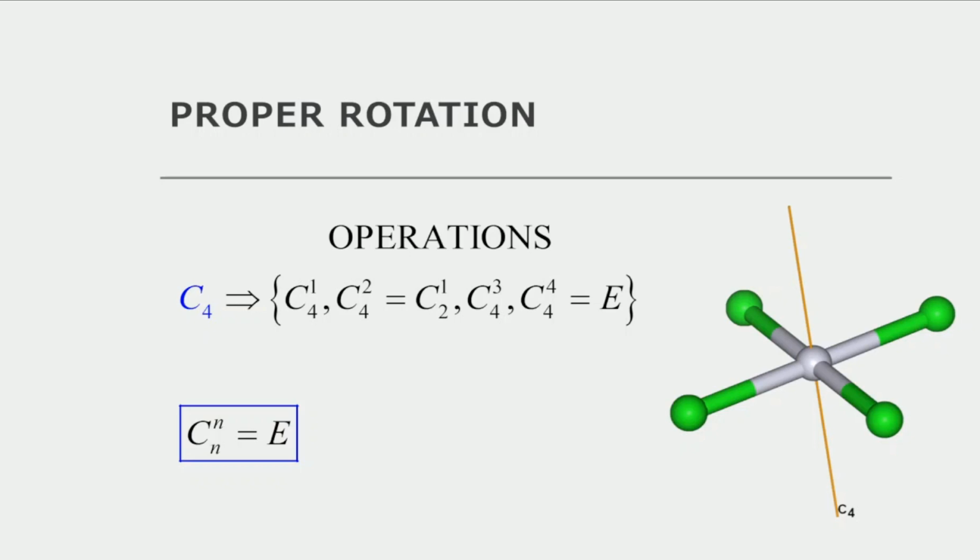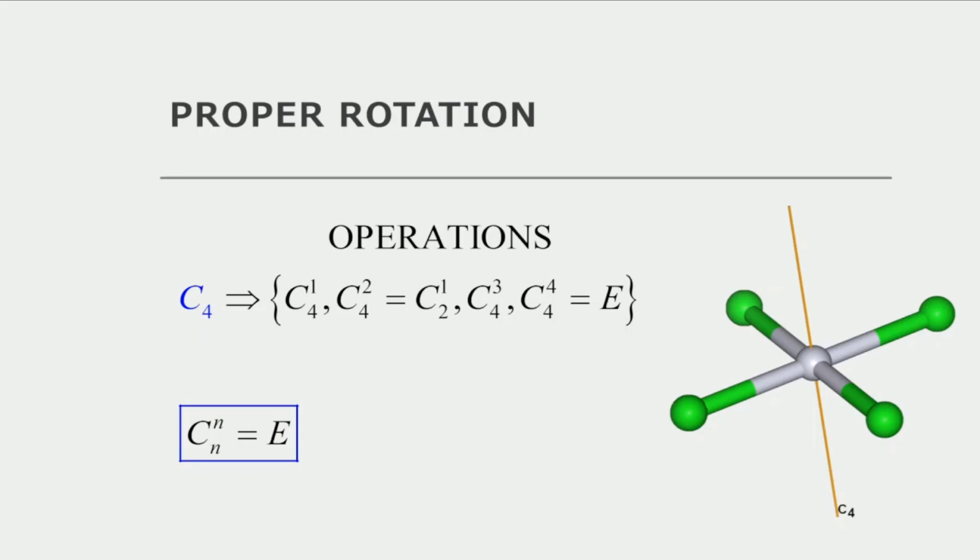So what are the unique symmetry operations associated with the C4? Now we have a C4 raised to 1, which is usually represented as C4 operation. Then we have a C4 square operation, which is identical to C2 operation, right? Then we have a C4 cube operation, which is otherwise represented as C4 raised to -1, inverse 90 degree operation.